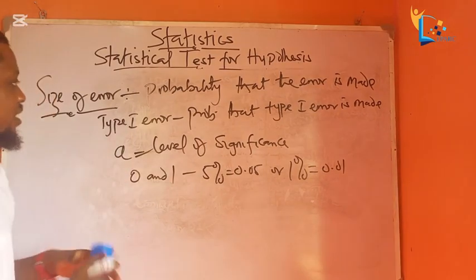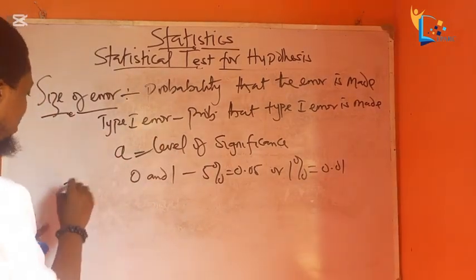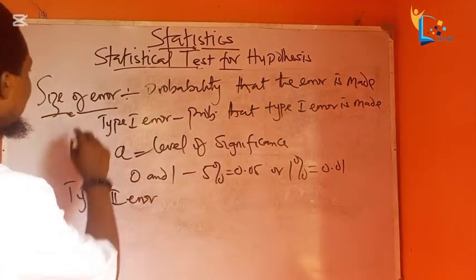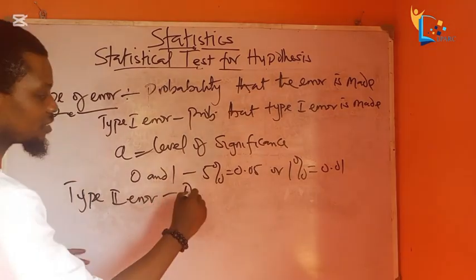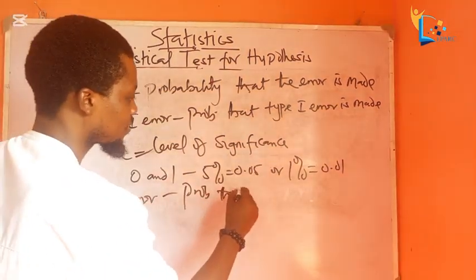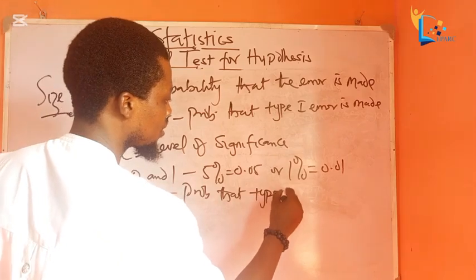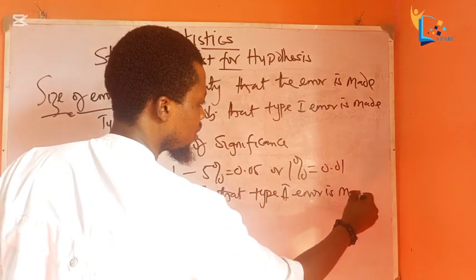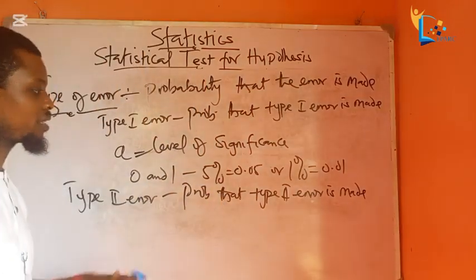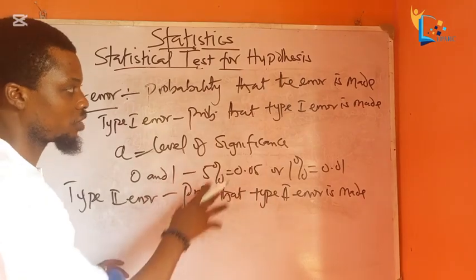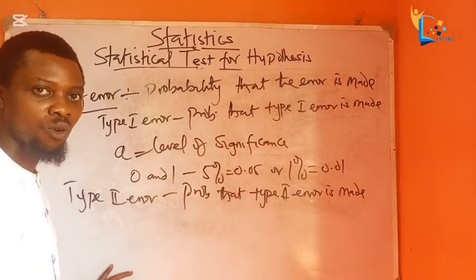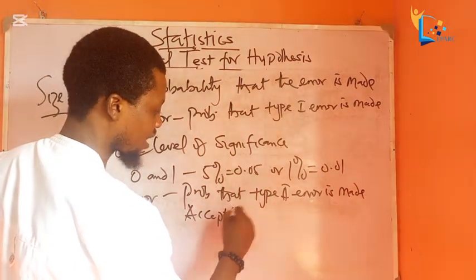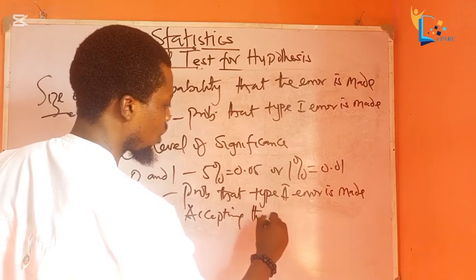Are we together? Then for type 2 error, the size of type 2 error is the probability that type 2 error is made. That is accepting the null hypothesis when it is actually false.